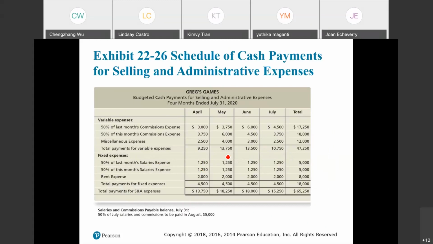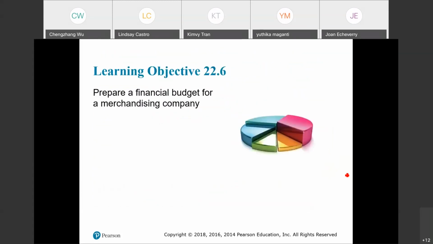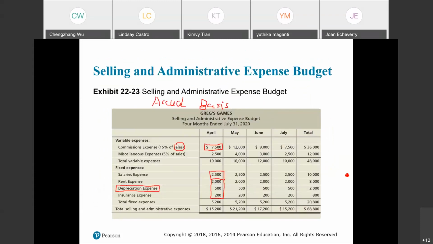Well, let's see another outflow of cash. That is the payment for selling and administrative expenses. I believe you can remember that I just mentioned in the previous slide, that is the selling and administrative expense budget. I said this budget is prepared based on accrual basis.